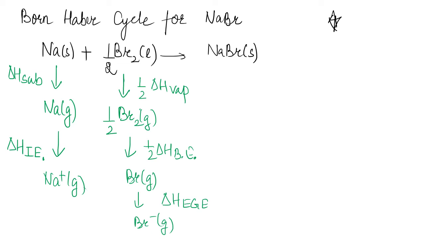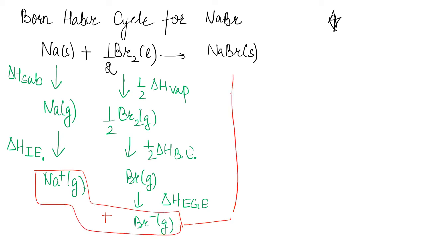Now this and this, these two will combine. Okay, you can write it like this. These two combine. Form this via lattice energy. So we can write the expression for this process. Write down in your notebook, and for this it is enthalpy of formation.